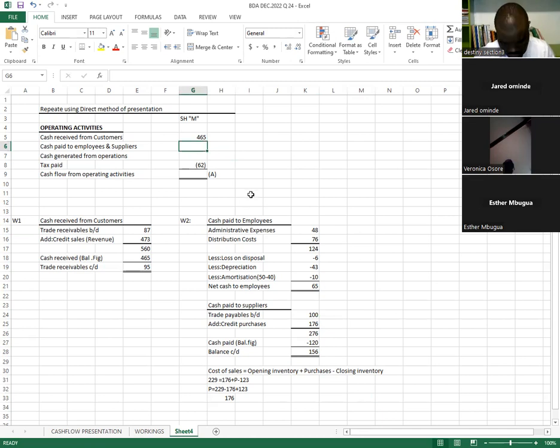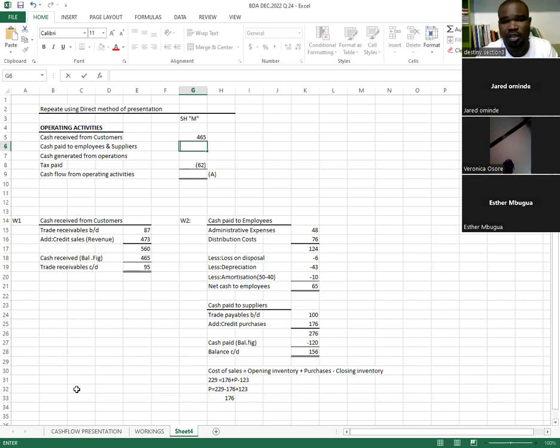No, wait. Here is cash paid to employees and suppliers. Employees, we got that they were paid 65. So you will take 65. That is what the employees were paid. We have to be very keen there.